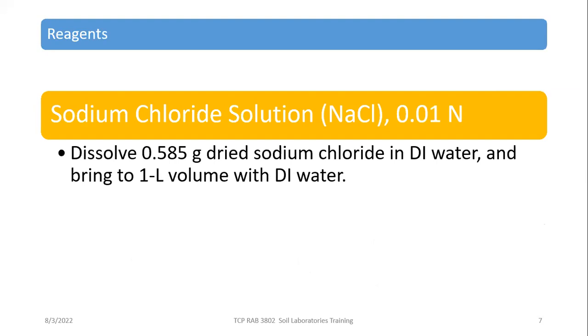You can prepare a standard solution of sodium chloride with normality 0.01: dissolve 0.585 gram of dried sodium chloride in distilled water and bring the volume to 1 liter with distilled water.